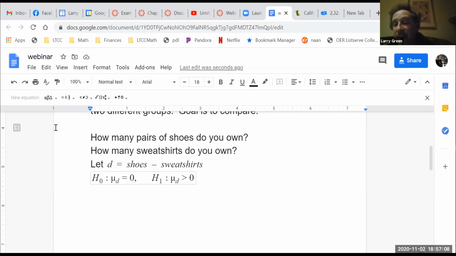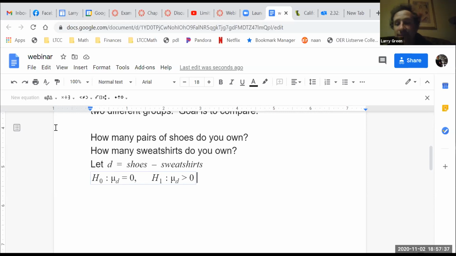So let me give you an example, not this example, but let's suppose you're a principal at an elementary school and you want to show that your students are learning more than one grade level in the second grade because you have an awesome teacher. Then you would have mu sub d equals 1, because you're going to do a before test on the first day of class and an after test on the last day of class.